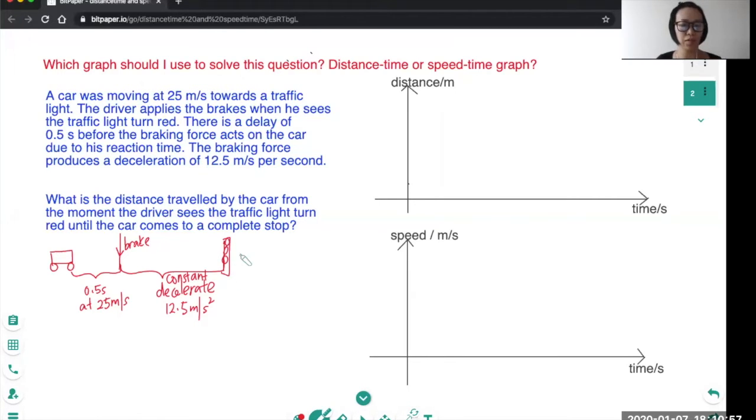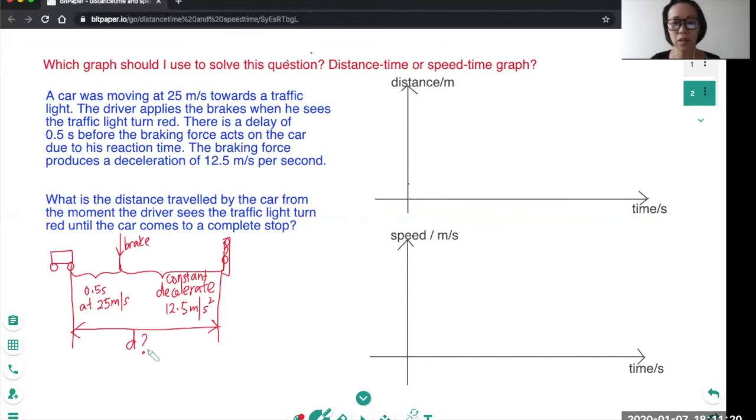Now the question is asking, what's the distance traveled from the moment he saw the traffic light to a complete stop? So he's looking at the distance from here all the way to here, assuming he stops just at the stop line at the traffic light. So this is the distance that we want to calculate.